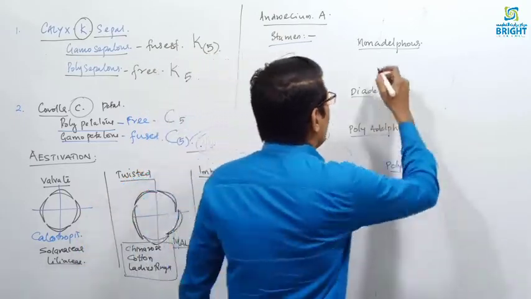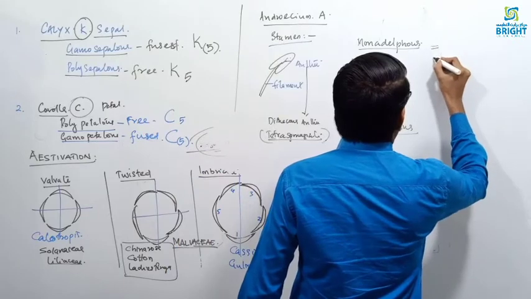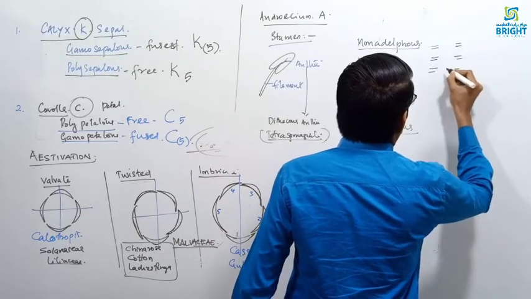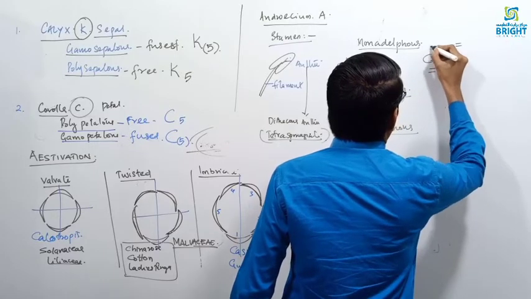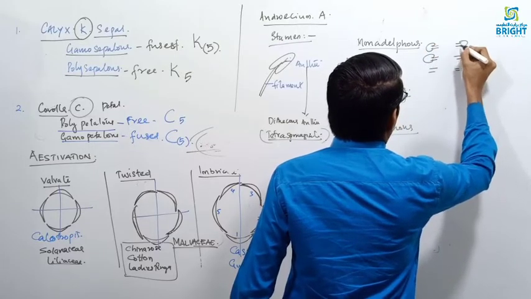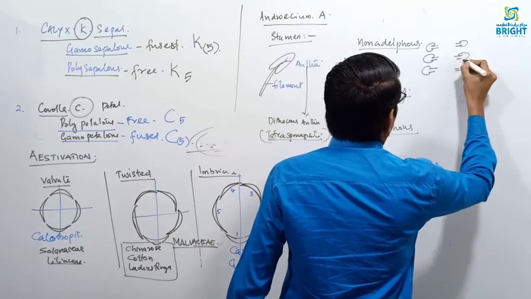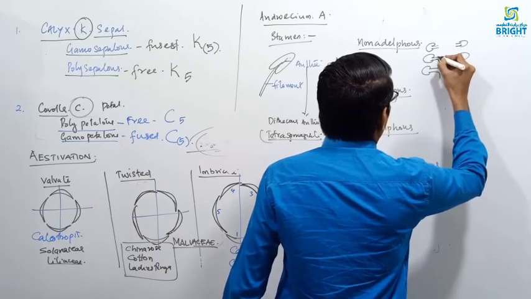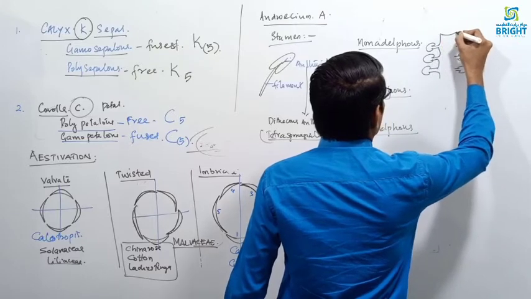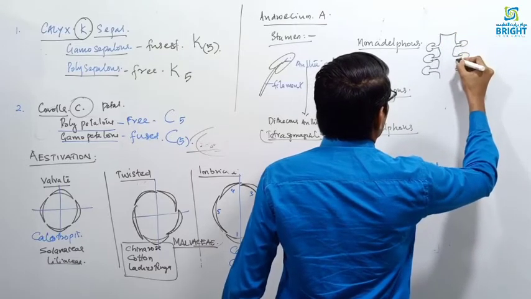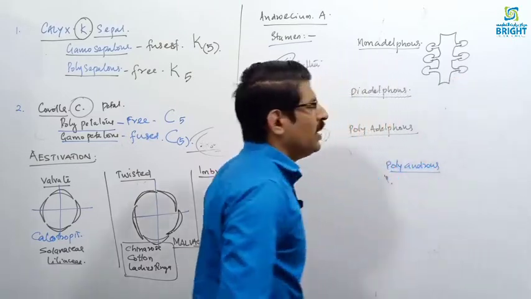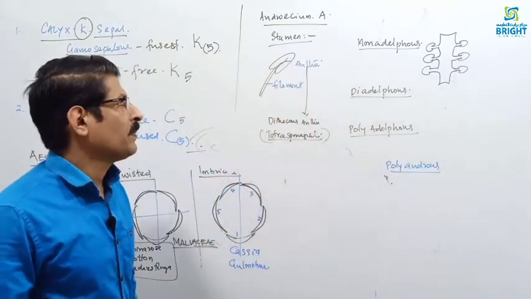One is monodelphous. This is one stamen, another. Here I am drawing 5 anthers. One stamen, second stamen, third one, fourth one, fifth one. But these are fused with one another and form a staminal tube.